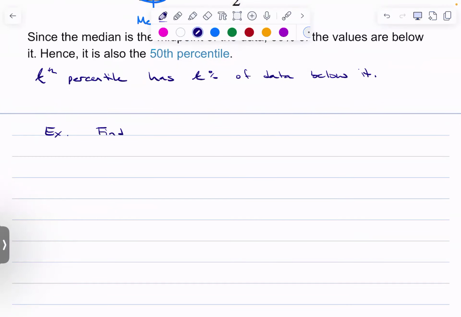Example. Find the median of the data. And the data is this. 21, 34, 27, 32. 1, 2, 3, 4.